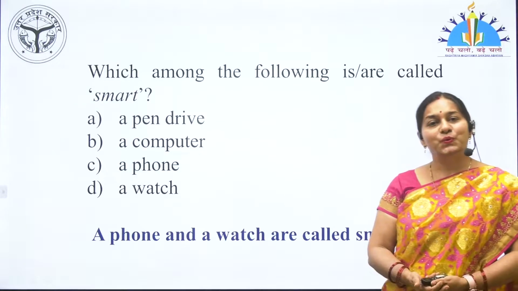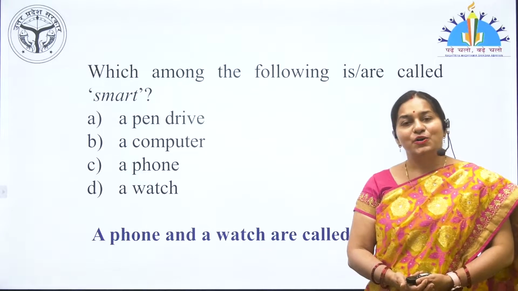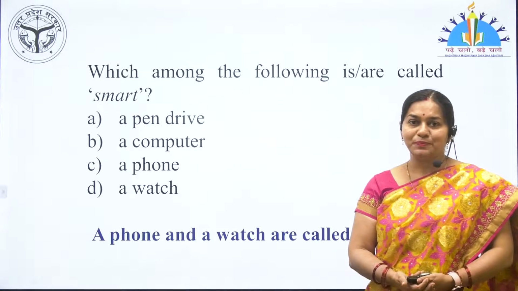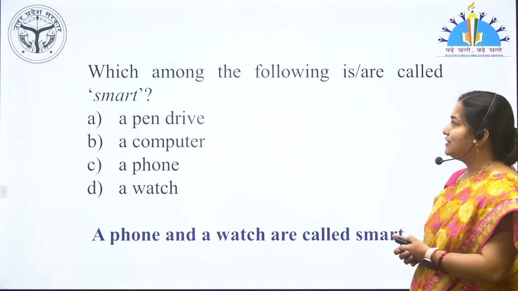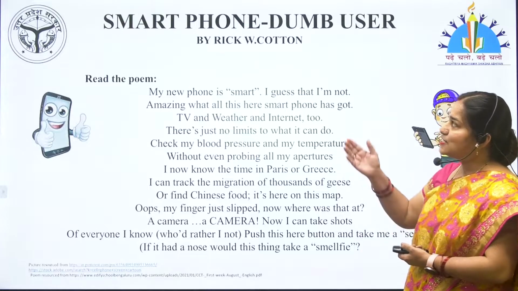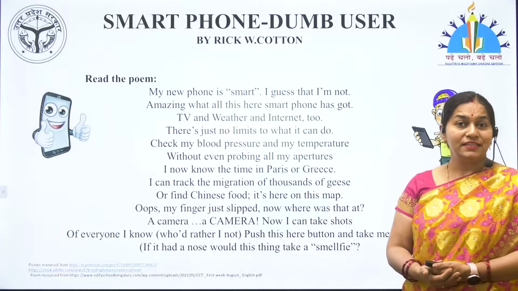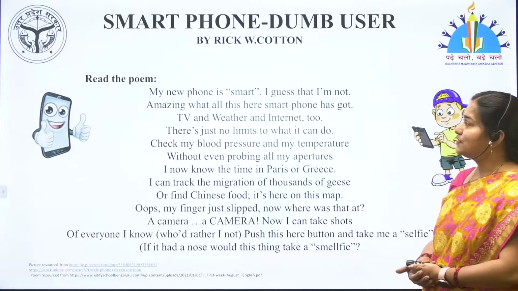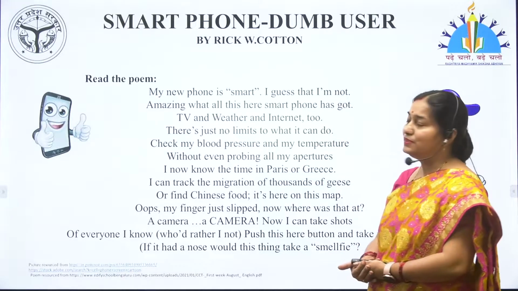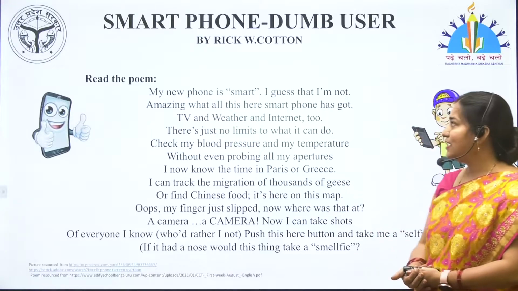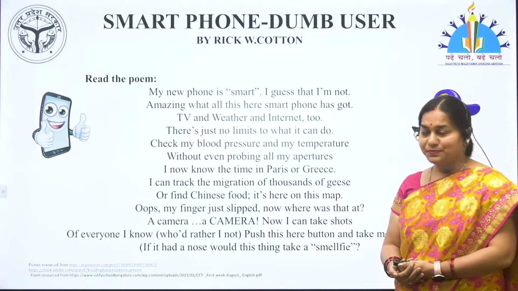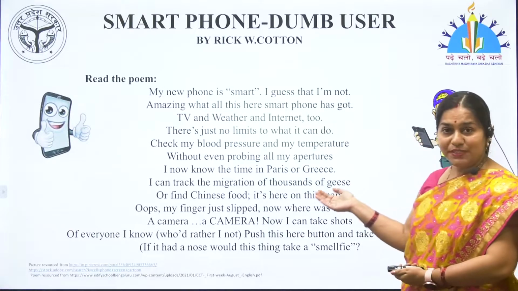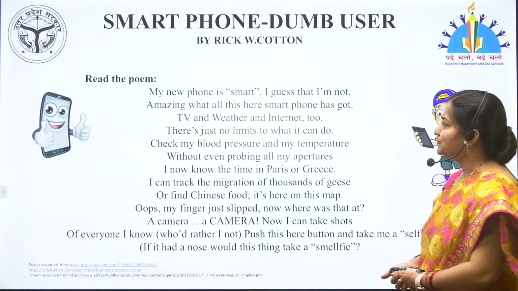Today we are going to study a very interesting poem on smartphones entitled Smartphone, Dumb User. It is composed by Rick W. Cotton. Now read the poem along with me.